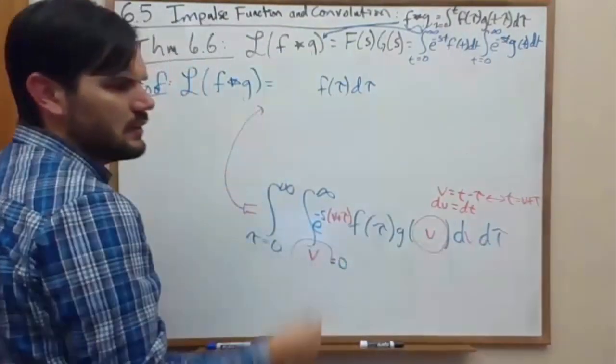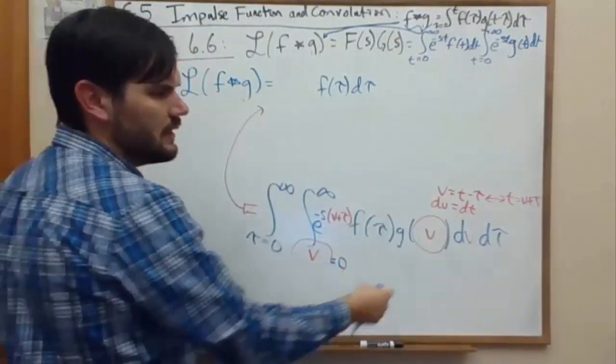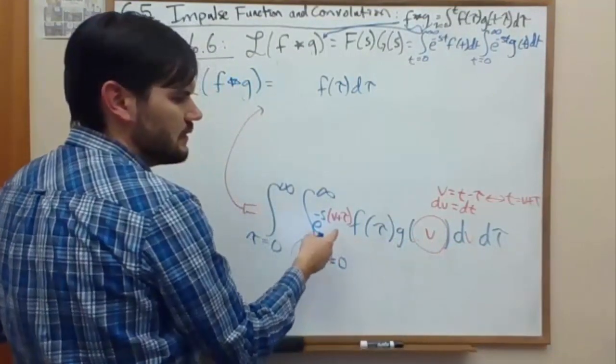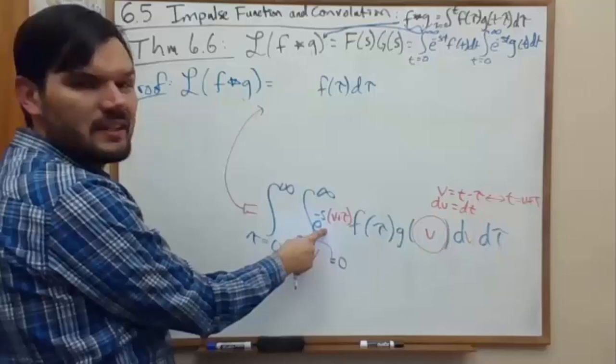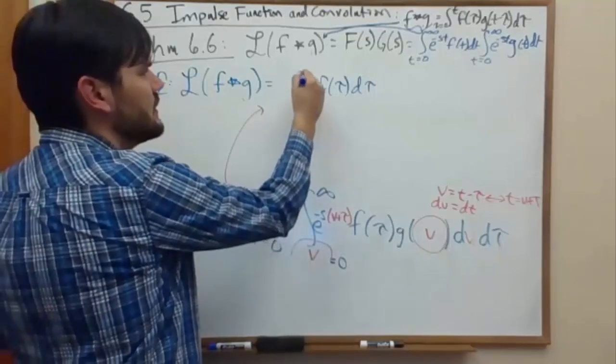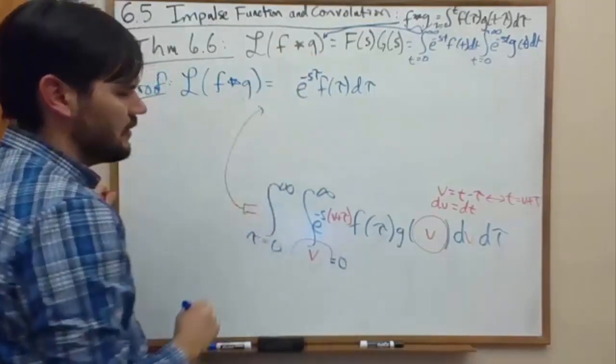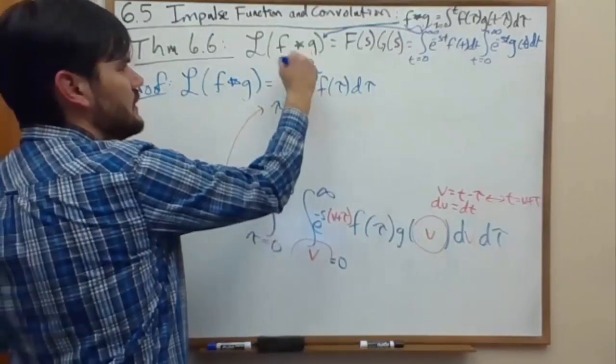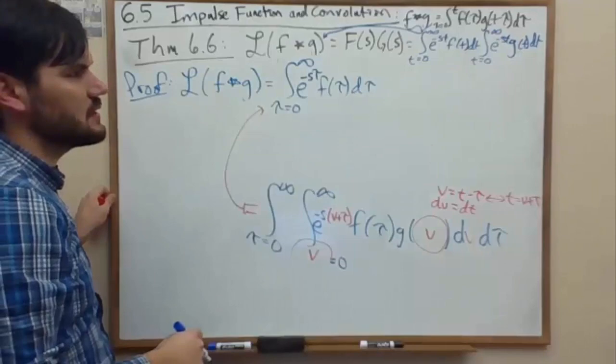I'm going to pull out all the v components, so the dv, the g of v, and the e to the negative sv, and that leaves me with an e to the negative s tau. So I integrate from tau equals 0 to infinity, there's no v in those limits.